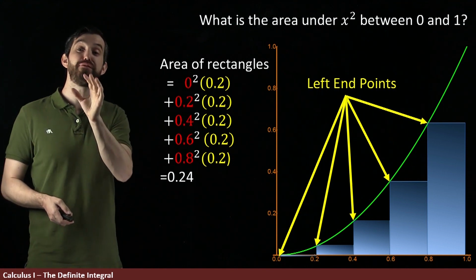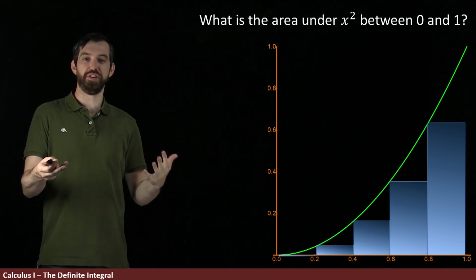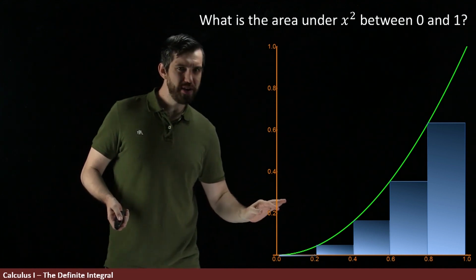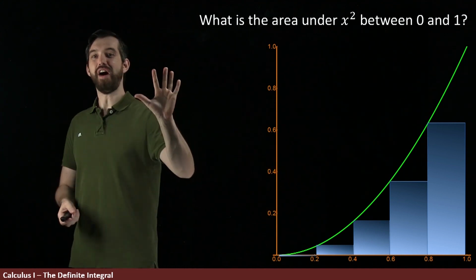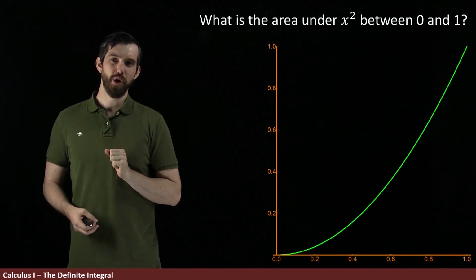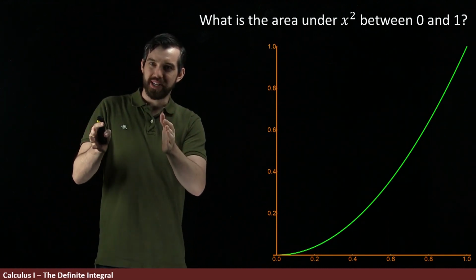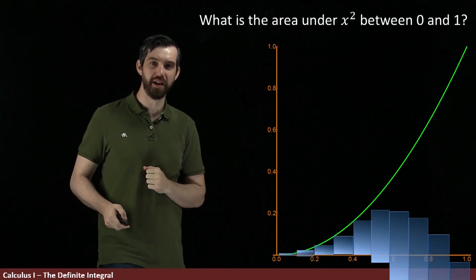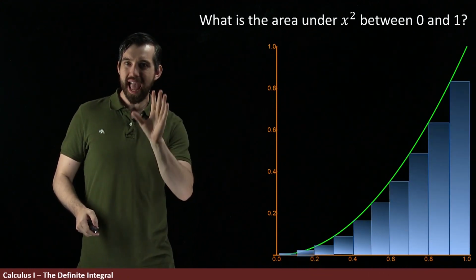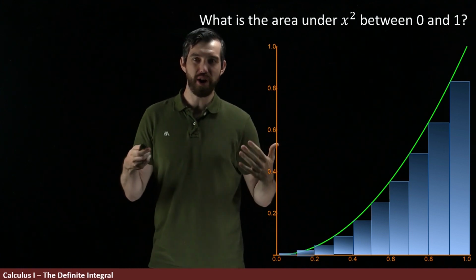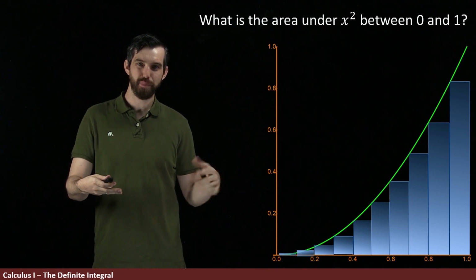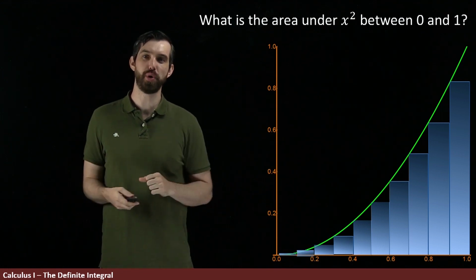So I have these 2 different approximations for effectively the same thing. Now, can I do any better than this? Note that here I used 5 different rectangles. Well, what if instead of 5 rectangles, I broke it up into 10 different rectangles and did that same basic idea? Notice that now the error has gotten a little bit better, because with a finer resolution, my rectangles have come closer to approximating the value.